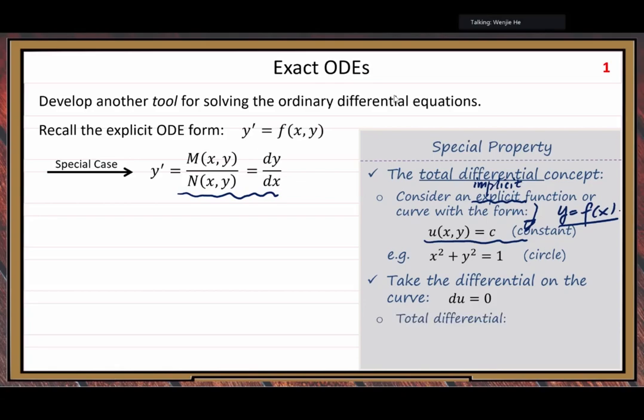Now we need to get the total differential concept. Why do we call it total differential?